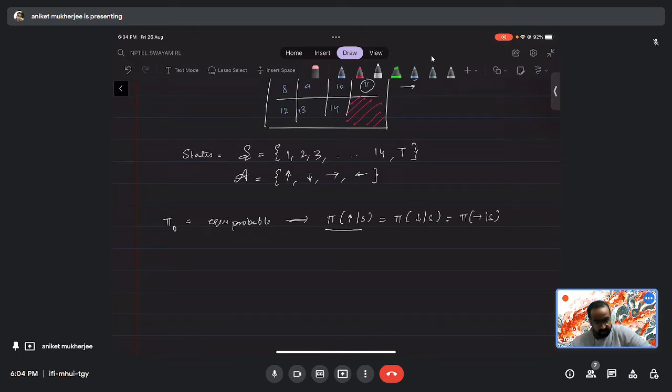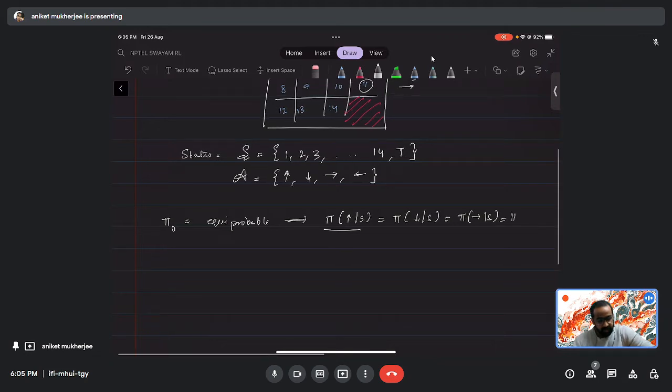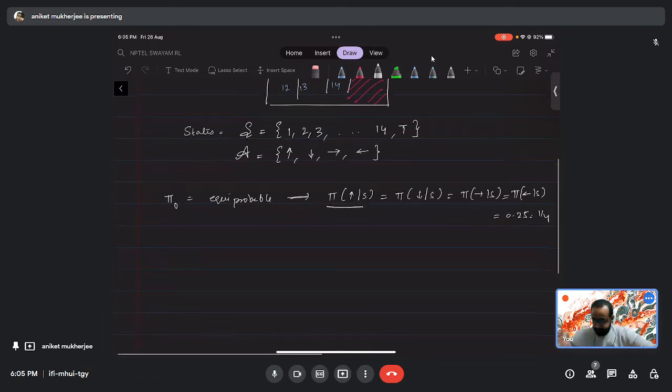What does this mean? It means the probability that I take action up if I'm given a state S. I hope that is clear. So if I'm in any state, I take all the actions with equiprobability. Let me write 1/4 so it is clear.